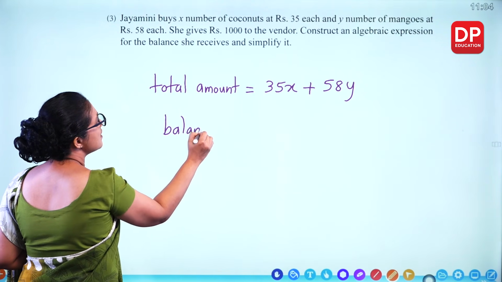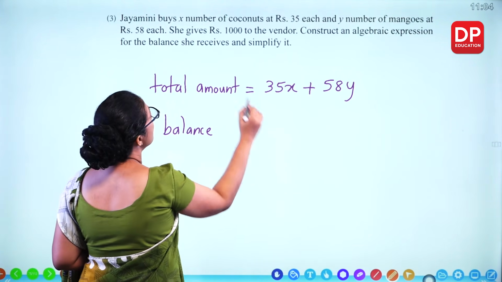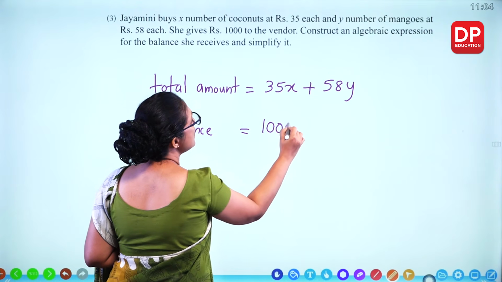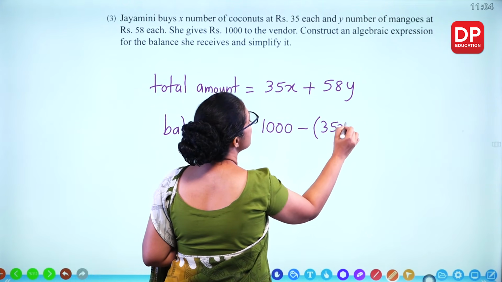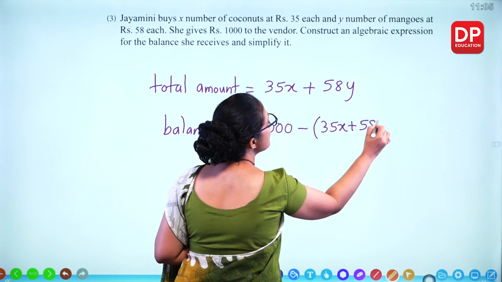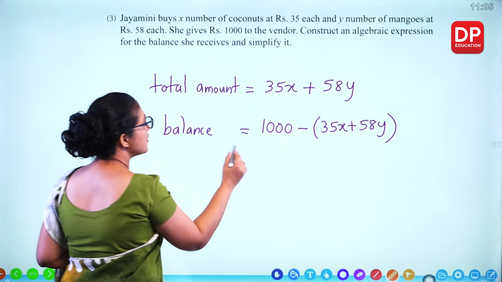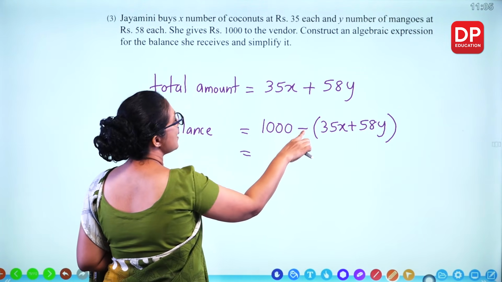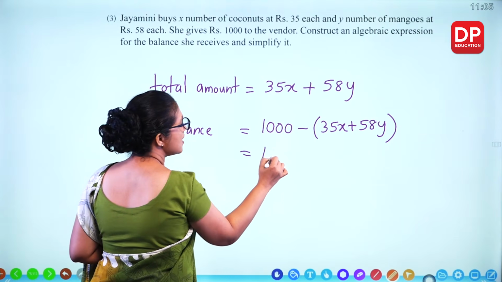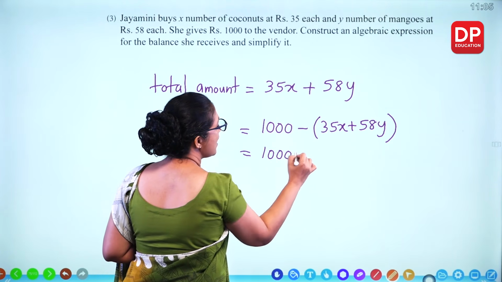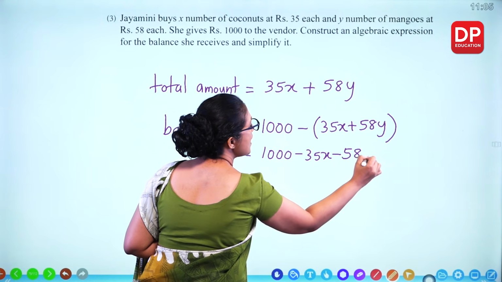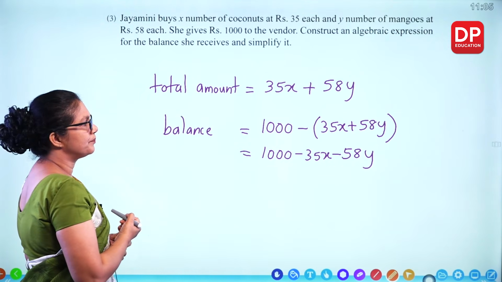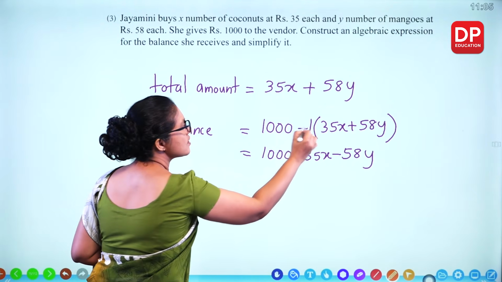Balance is the difference between the given value. That's 1000 minus the total amount. So 35x plus 58y. So when you subtract here, simplify, it means open brackets, 1000 minus 35x and minus 58y, because this is like just 1 there.